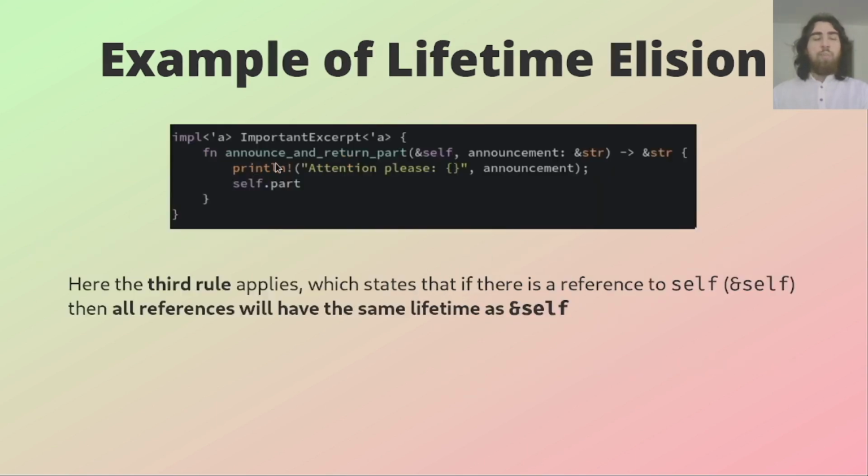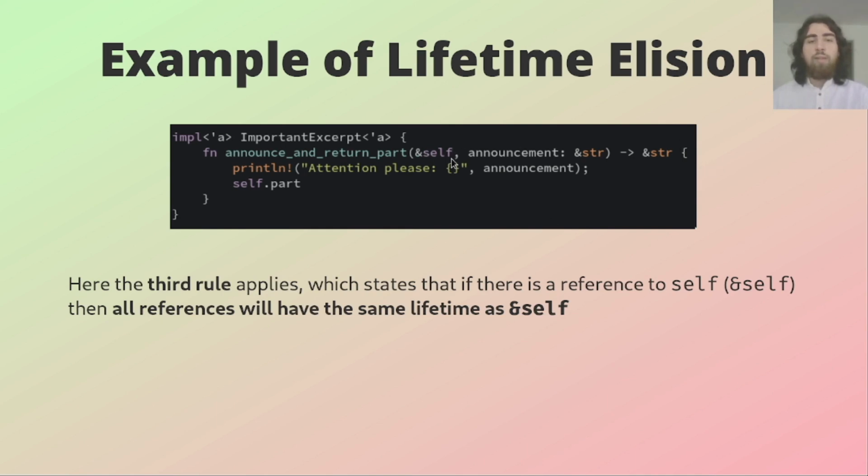Let's see an example in a method. As you can see, we have a method taking a reference to self, meaning taking the instance as a reference and not taking ownership. So here the third rule applies, which states that if there is a reference to self, then all references will have the same lifetime as self, right? We can have any number of arguments here.